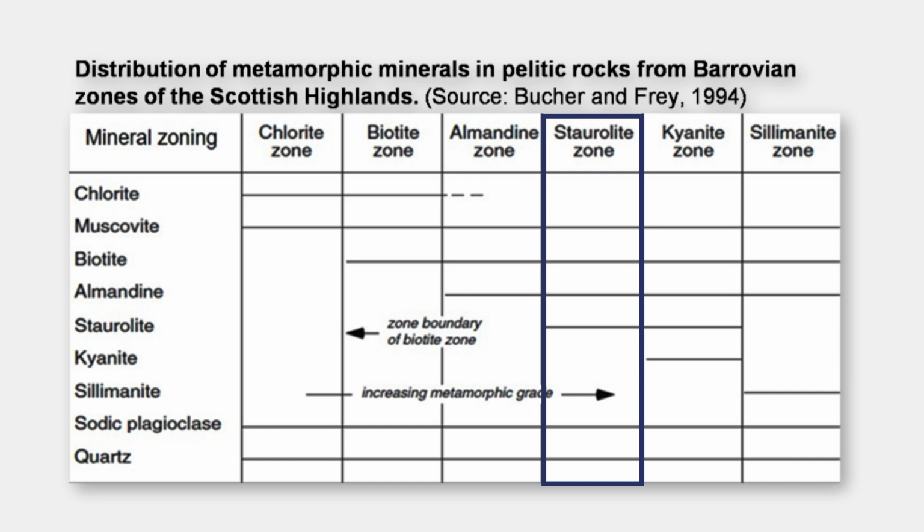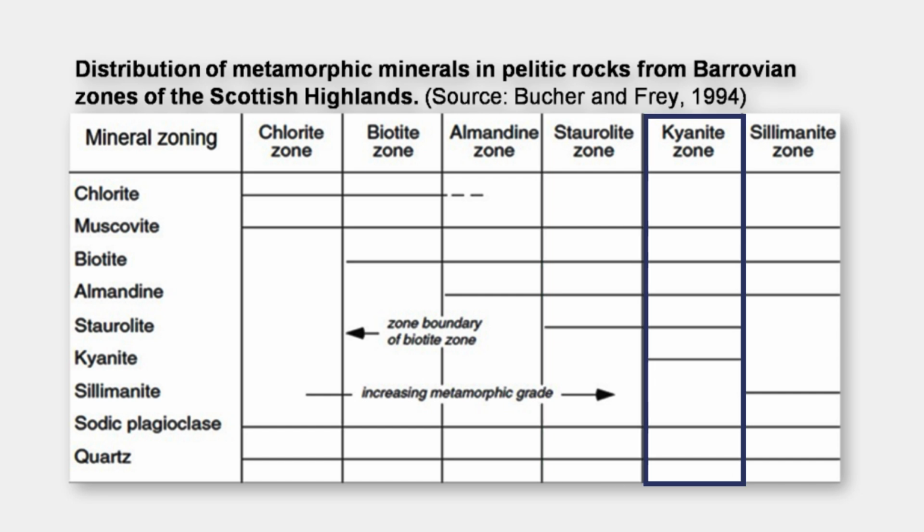The staurolite zone, in the staurolite zone there is no chlorite as such. Muscovite is there. You may have biotite, you may have almandine, you may have staurolite. Similarly, in kyanite zone also, you don't have chlorite, you have minerals like muscovite, biotite, almandine, staurolite and kyanite.